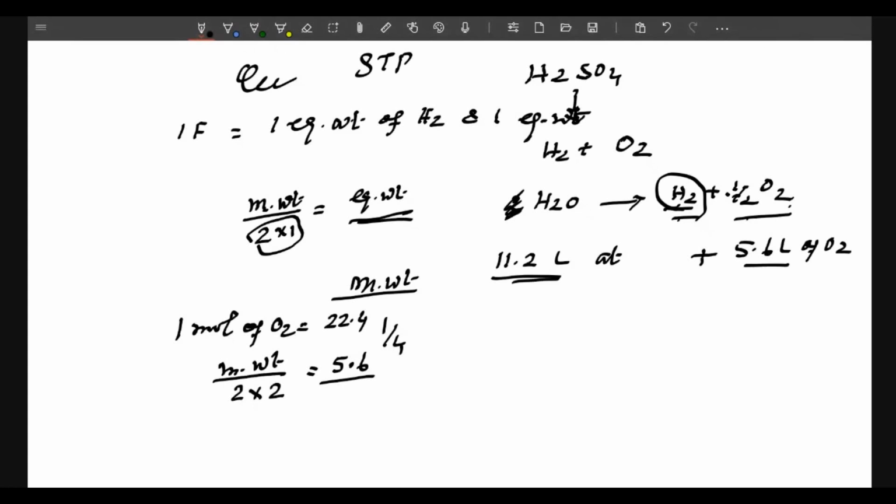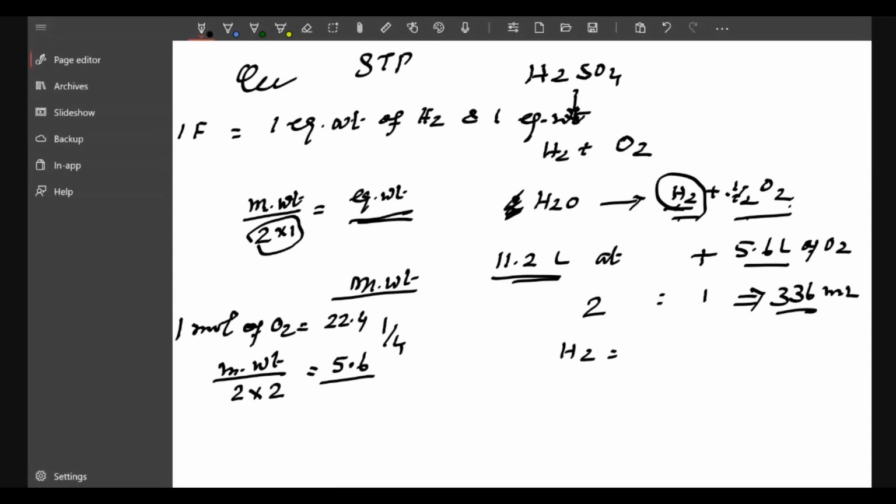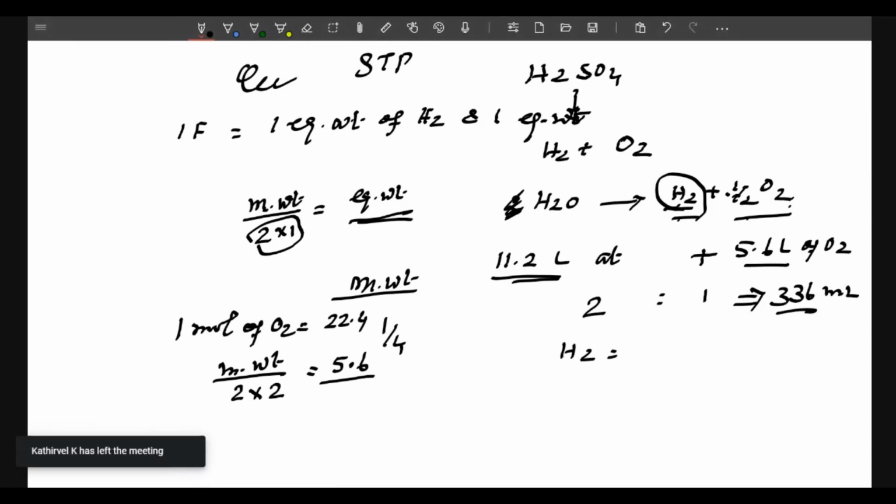Therefore, what would be the ratio of hydrogen and oxygen evolved? Hydrogen is 2 times oxygen, which is 1. The total is 336 ml, of which hydrogen would be 2 times and oxygen 1 time.